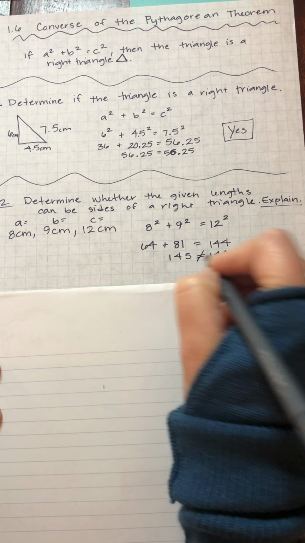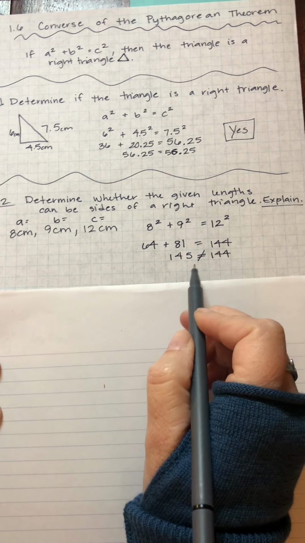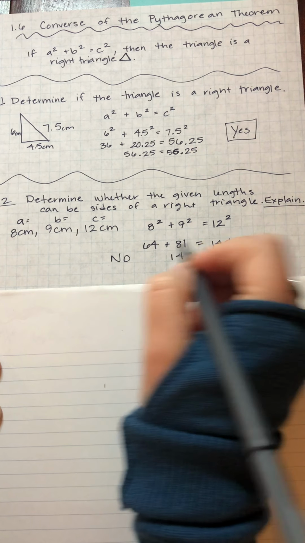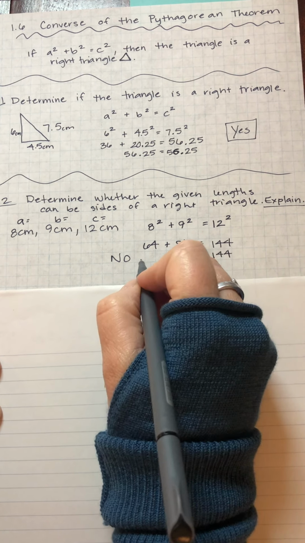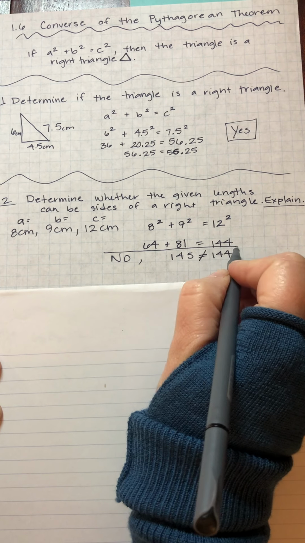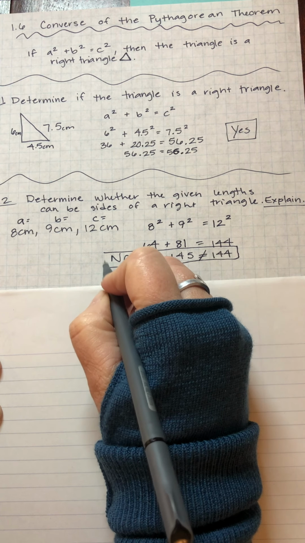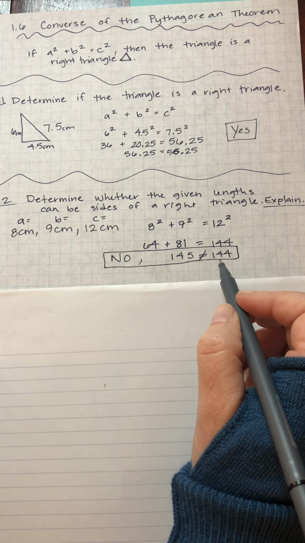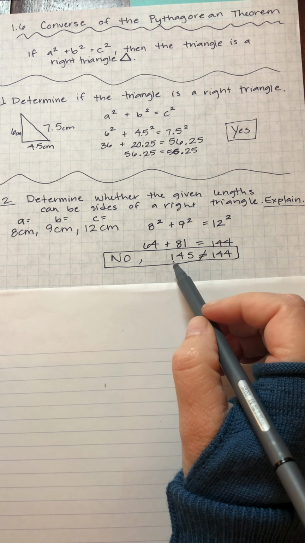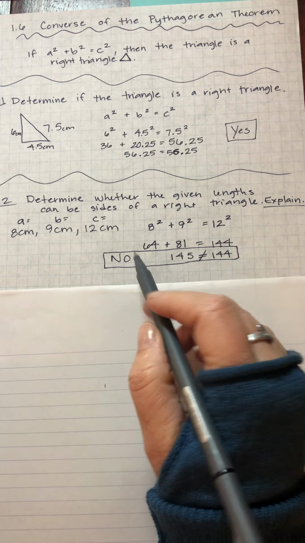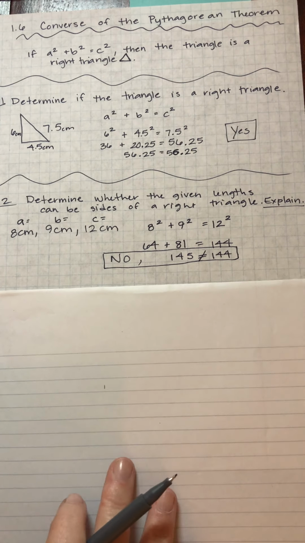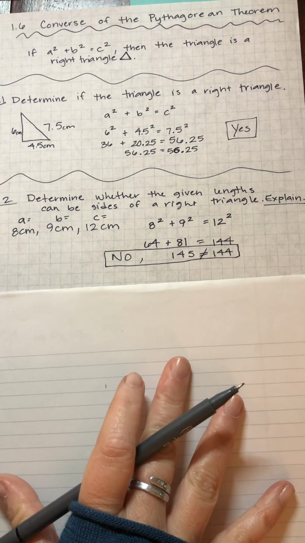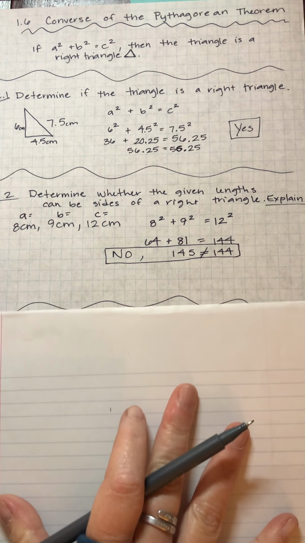So this is not equal. It is not. So the answer here is no, and the explain is your work, because 145 is not equal to 144. What we got on the left is not equal to the right, so this is not a right triangle. It still could be a triangle, but it's not a right one. It doesn't have a 90-degree angle.